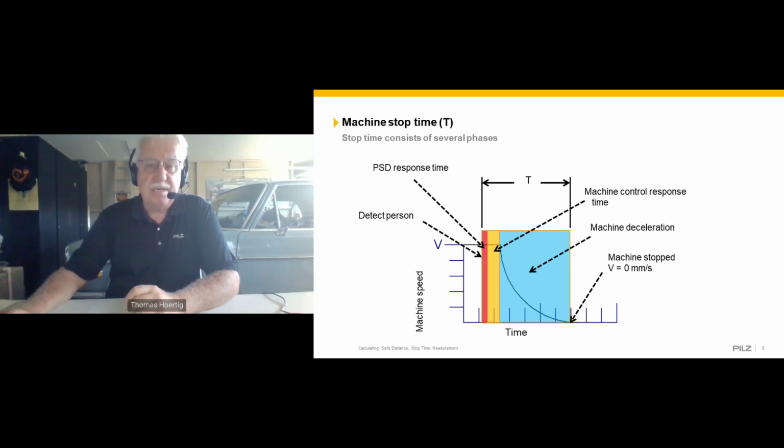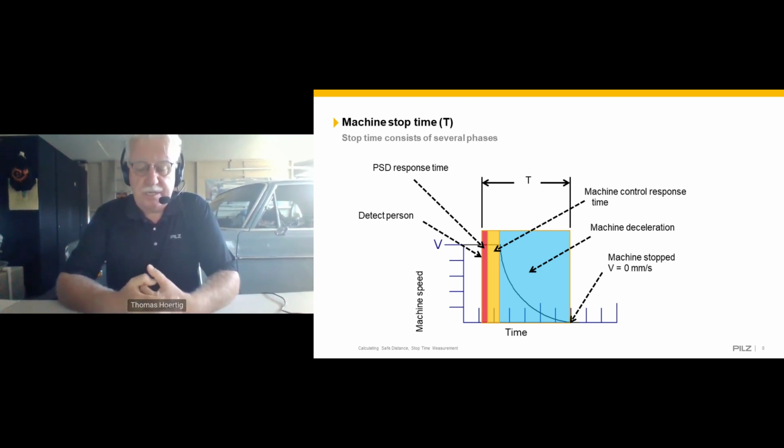This is our first time element. Now our presence sensing device sends signals to the control system in the control panel, so we have a machine control response time. This is in yellow. And all this in blue is the complete machine deceleration.